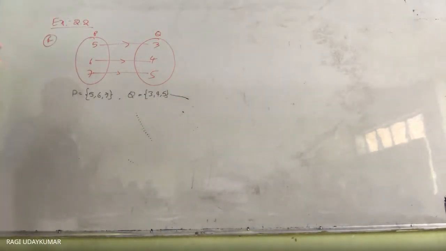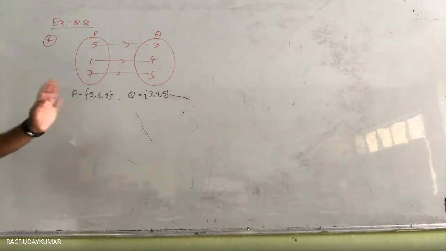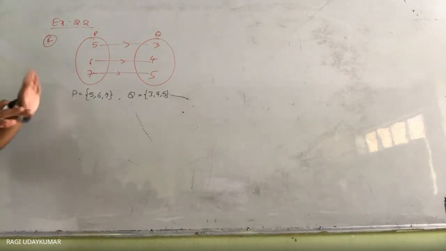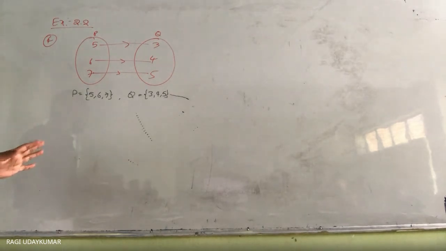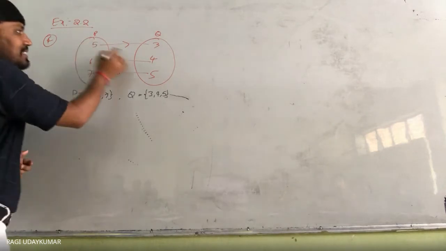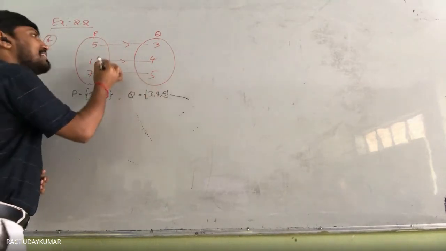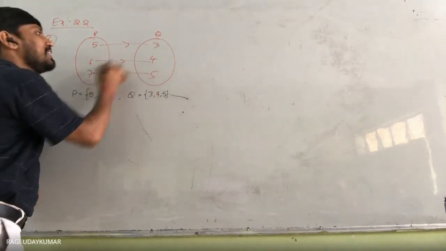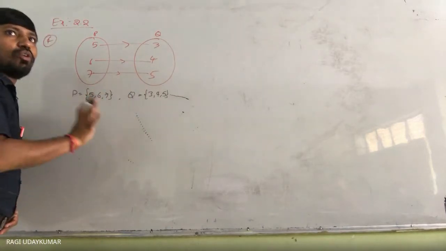The relation shows the relationship between these two sets. This diagram is not P cross Q. In P cross Q, every element connects to every element. This is only the relation.